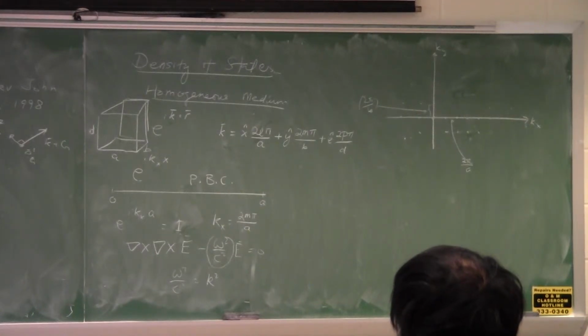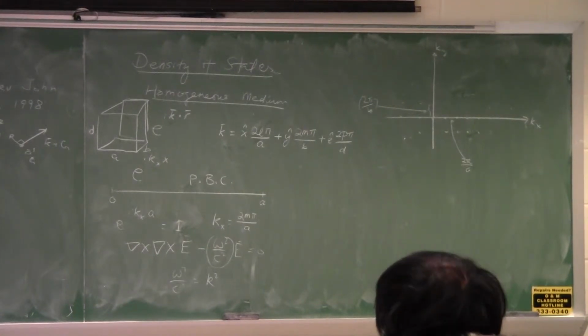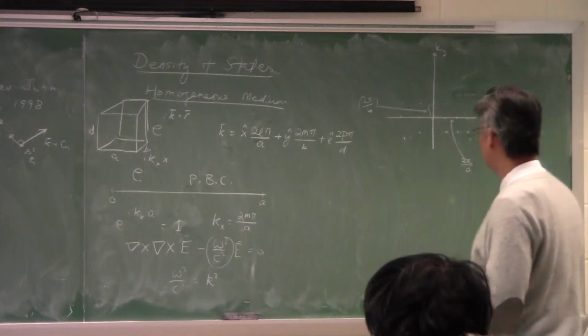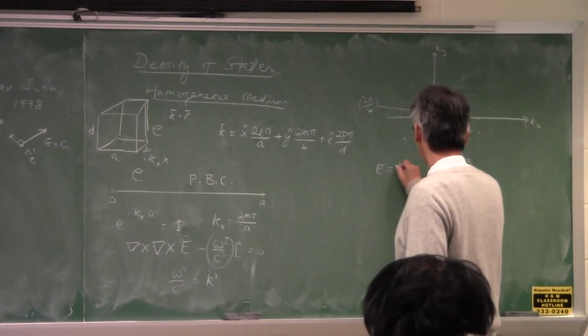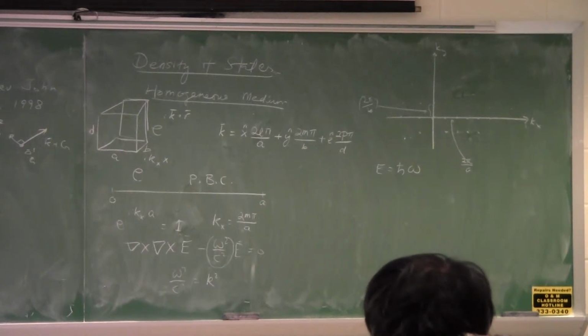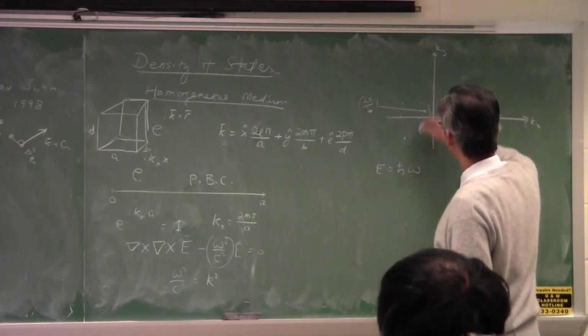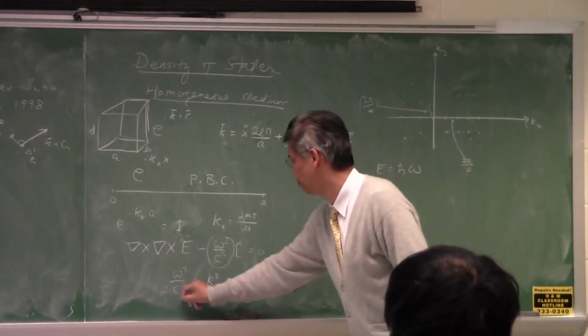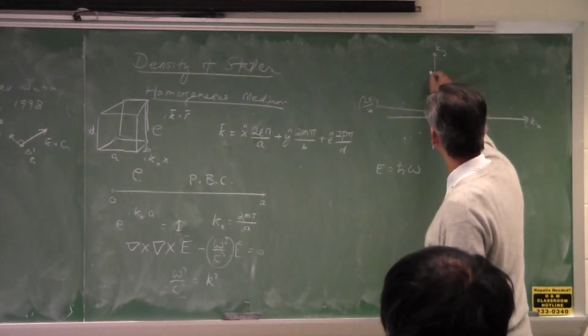Well, omega represents the frequency, and in this case the energy, because in physics, E is just h bar omega. Okay? So I ask myself, if I have a certain energy value that I'm interested in, how many solutions are there? Like I might be interested in, if I keep omega constant, this is just the equation of a circle.